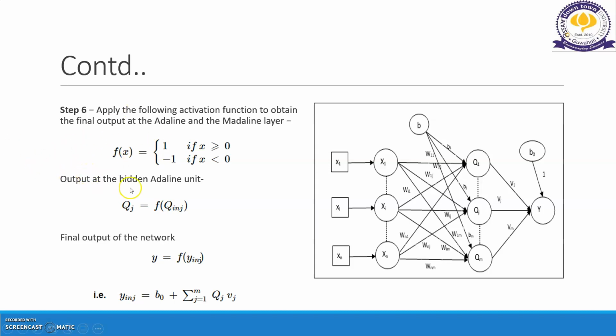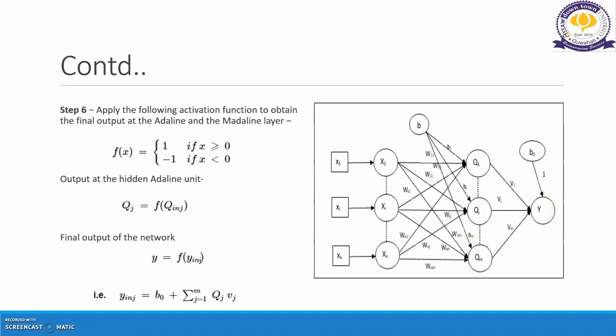So the equation of the output at the hidden Adaline unit can be represented using this equation, and the equation for output at the Madaline layer can be expressed in the form of this: y equal to activation function of y_in, where this y_in is the calculated net input of each of the Adaline units connected to the Madaline.